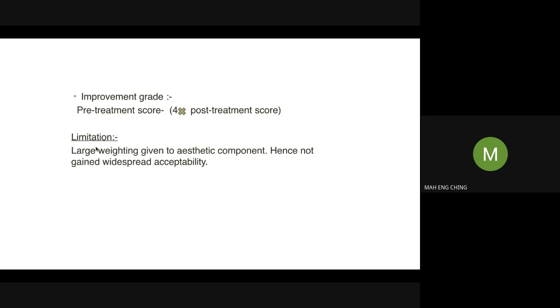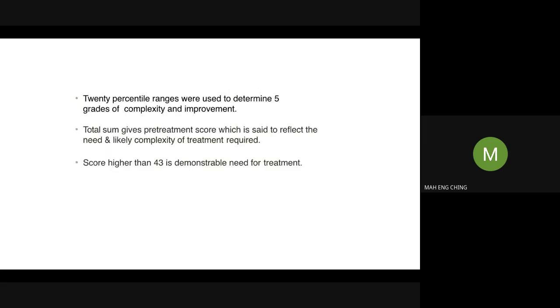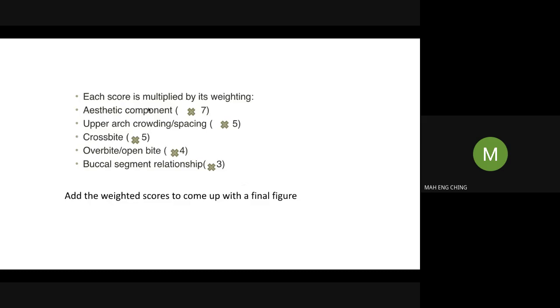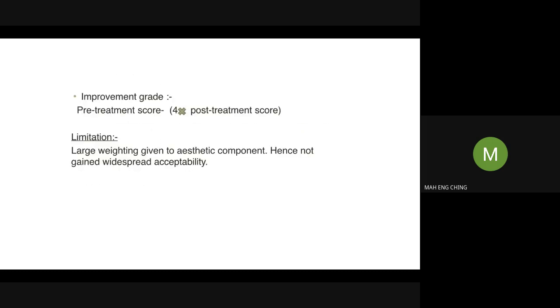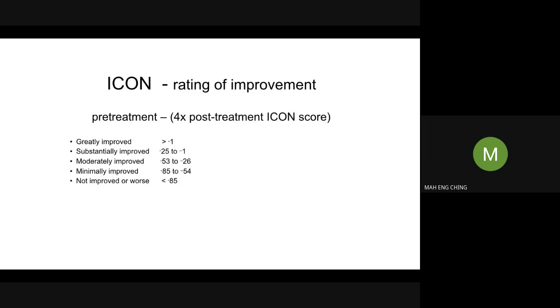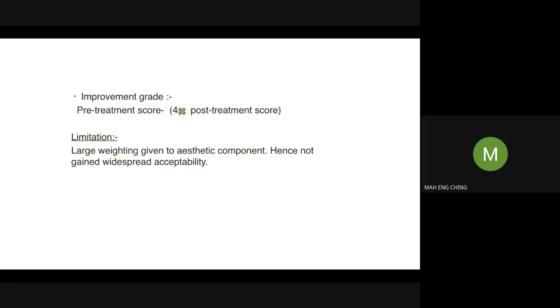So what's the limitation? If you go back to the slide, you see they give the aesthetic component a weighting of about 7, which means this aesthetic component is so important, times 7. They give a large weighting to this aesthetic component, which we discussed before is very subjective and debatable.